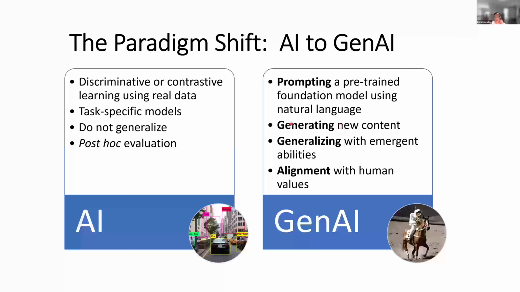The model is a generative model: it's not just trying to tell A from B, but generating new content, with new emergent abilities. With a few shots, the model can quickly adapt to a new task, and hopefully align with humans and human values. So that's what's happening right now.